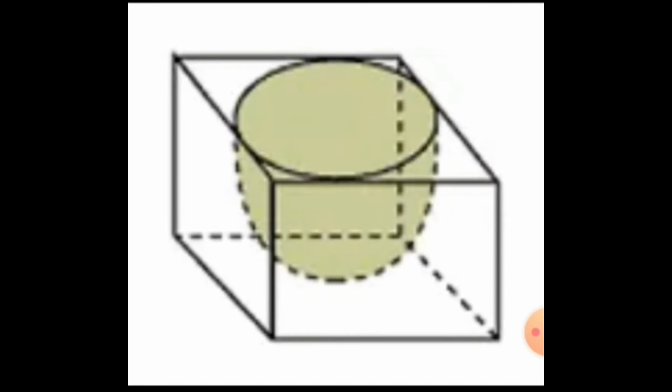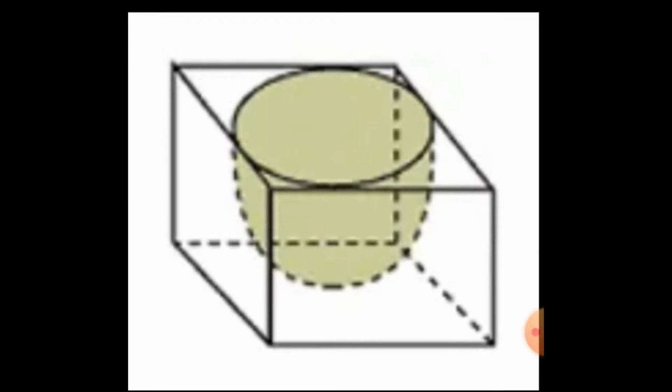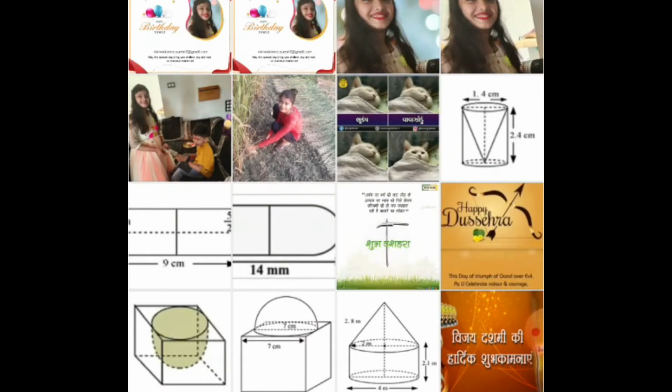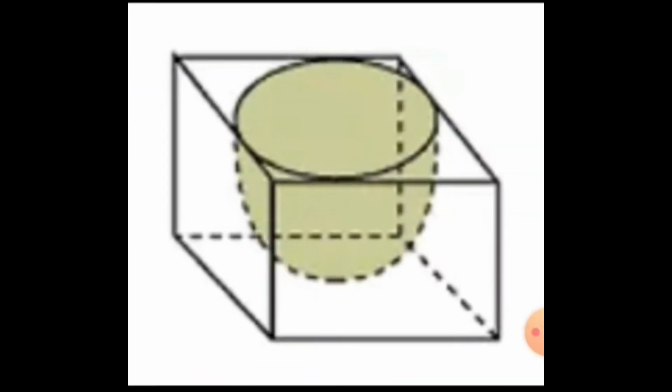So to find the total surface area, it is given that the length of the cube is L unit. So the diameter of this hemisphere will also be L unit, right? So let us see the solution of this question, how to find the total surface area.